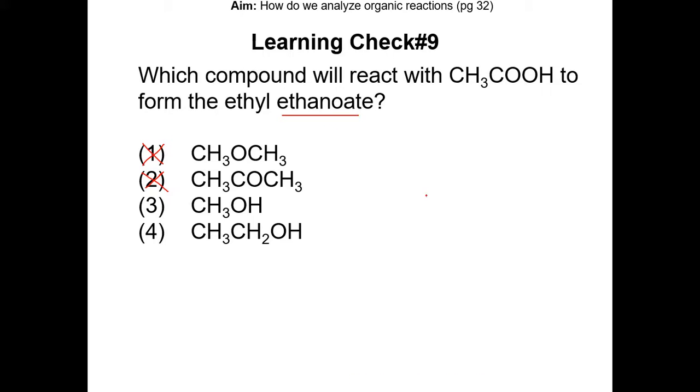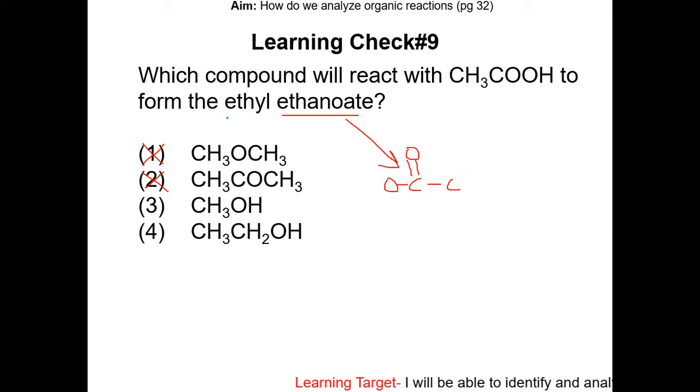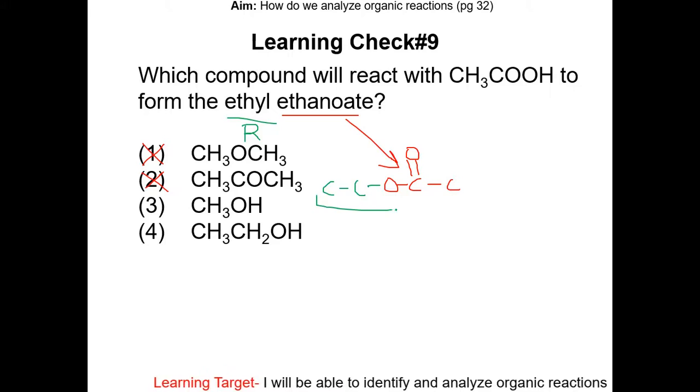This represents the parent chain, which has 2 carbons. This represents the R group bonded to the oxygen. Ethyl means 2 carbons. This fragment refers to the alcohol, which is 2 carbons, so the answer is choice 4.